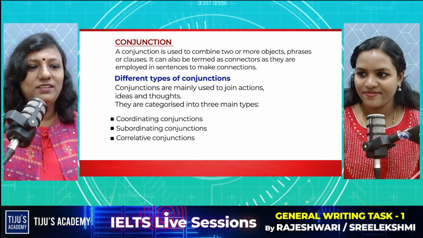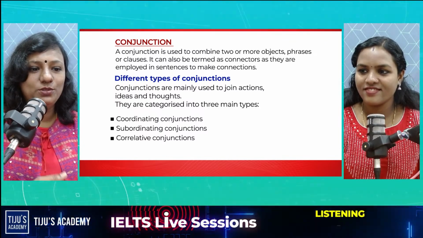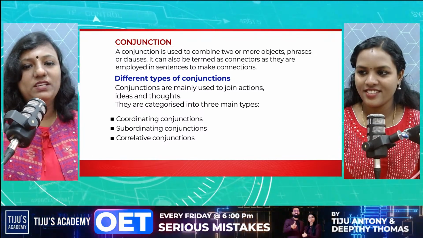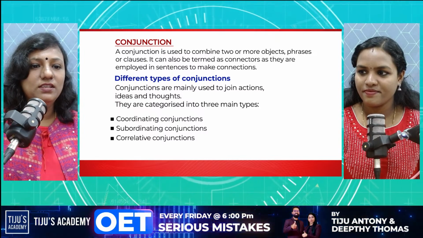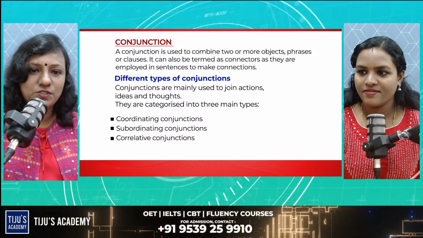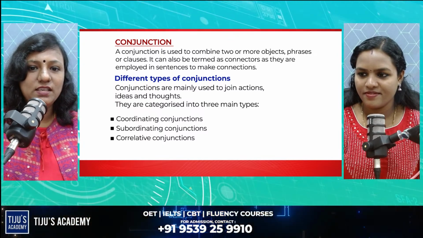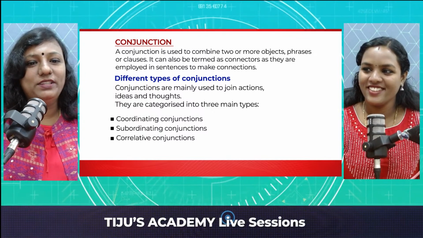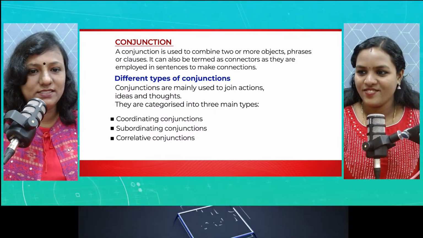Try to use connectors in your essay, the remark you usually get when your answers are corrected by the tutors. You have to use formal connectors in your writing and informal connectors in your speaking. So connectors are very much connected to IELTS.